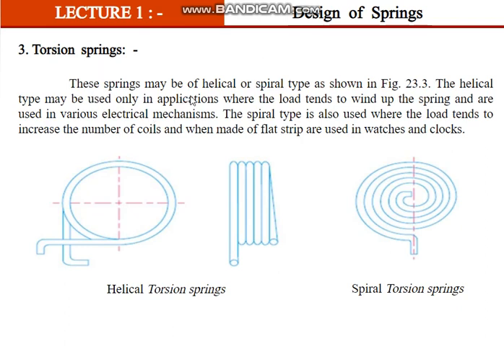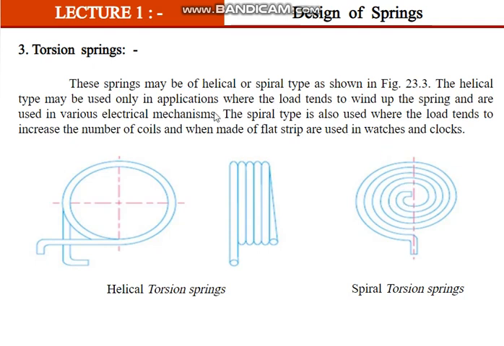These springs, I showed you initially how the conical or the torsion spring was being made. These springs may be of helical or spiral shape. This kind of shape is called helical shape. This kind is called spiral shape.